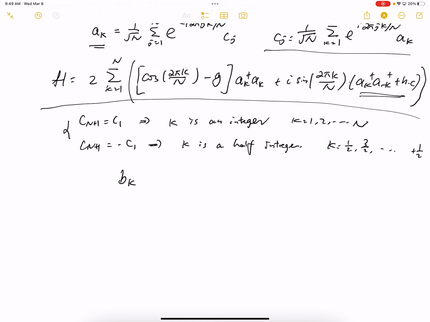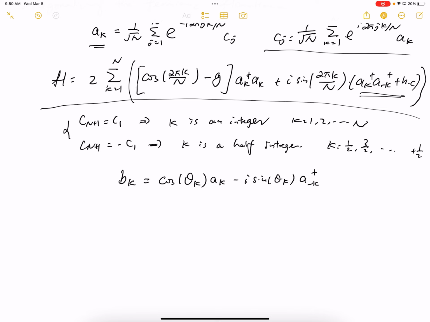If you remember the Bogoliubov transformation, we introduced these b_k, the quasi-particle creation and annihilation operators. And instead of getting the cosh function, you're now just getting a cosine function. It's related to the difference between the commutator and anti-commutator for bosons versus fermions. You're going to be asked to prove this in your homework 3, so don't worry if you can't understand these equations.